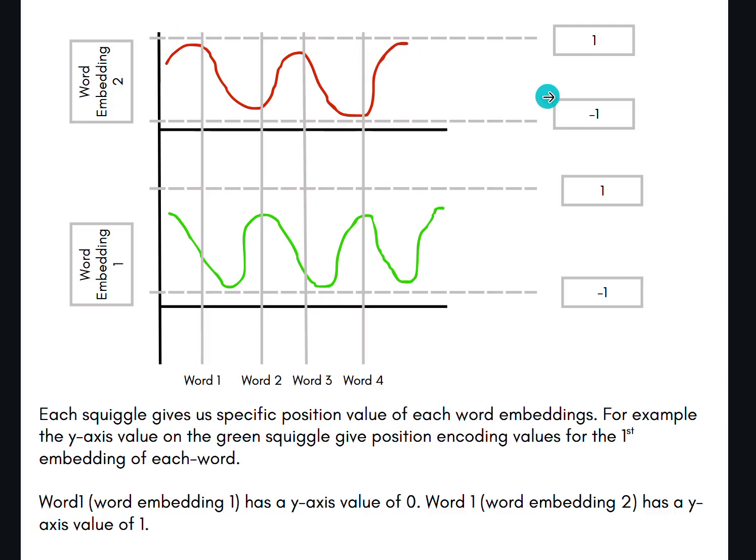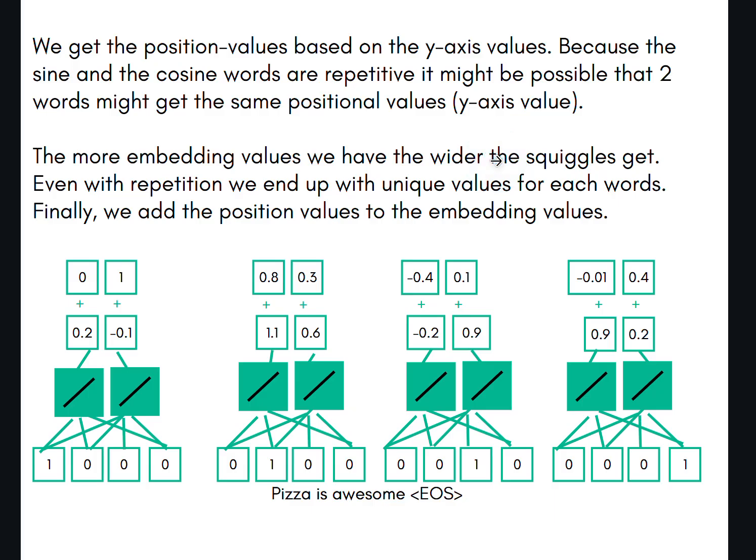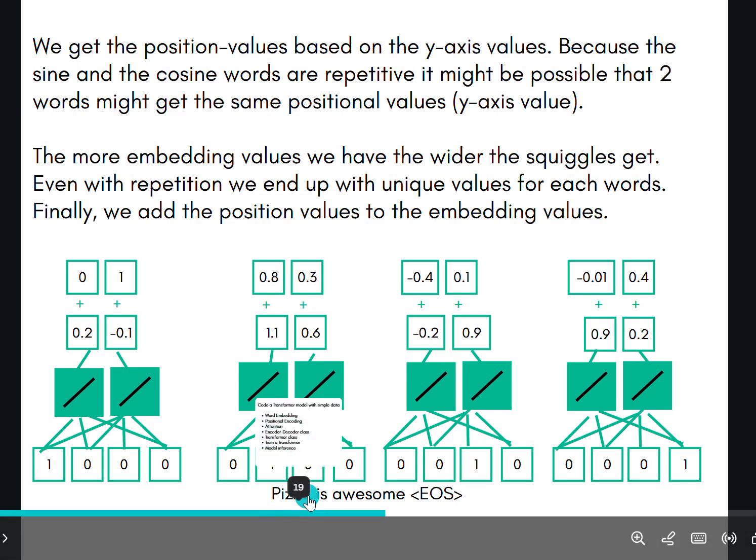So it just spreads out, right? That way you end up getting different values. So now after we have defined those positional encodings, you have these values as the positional encoding for the sentence "pizza is awesome, end of sequence". Okay.